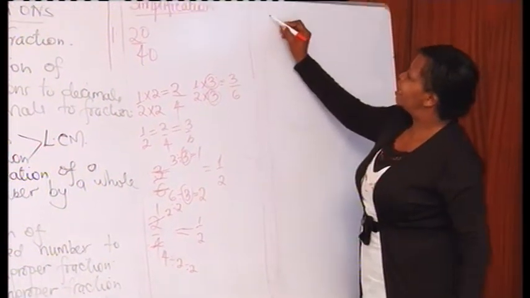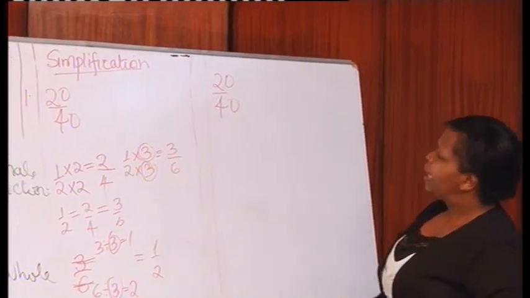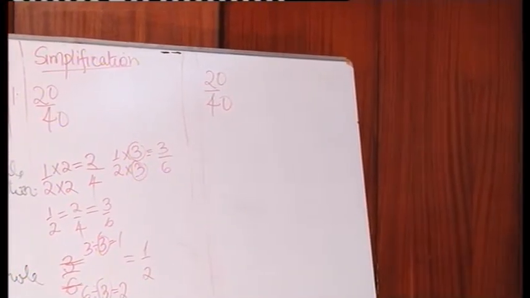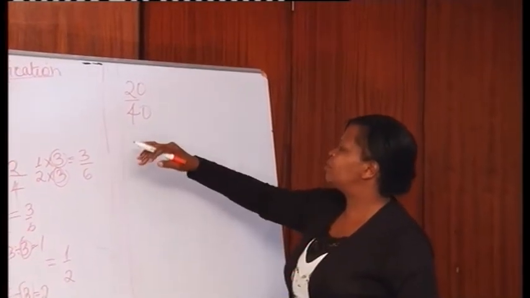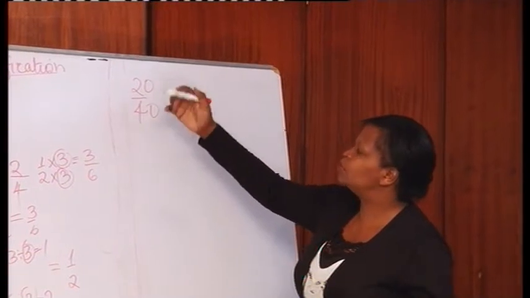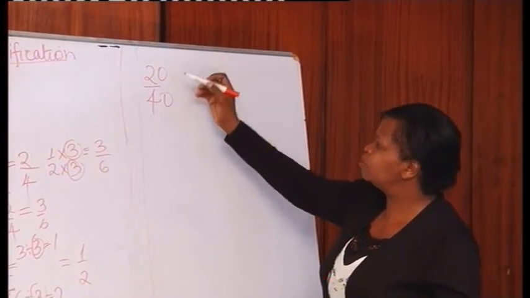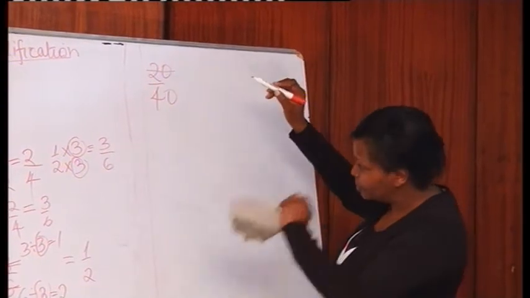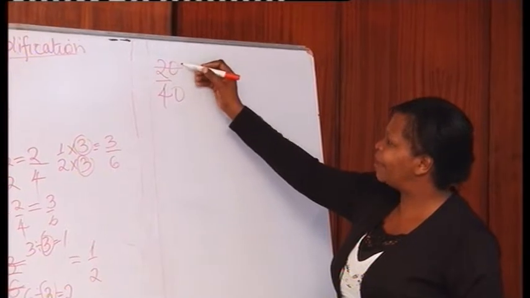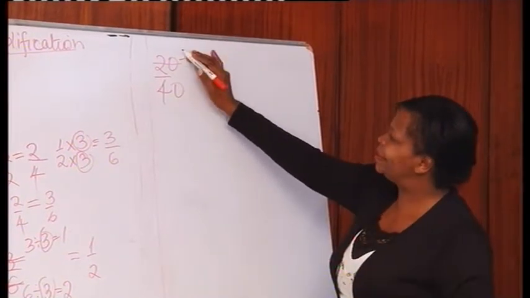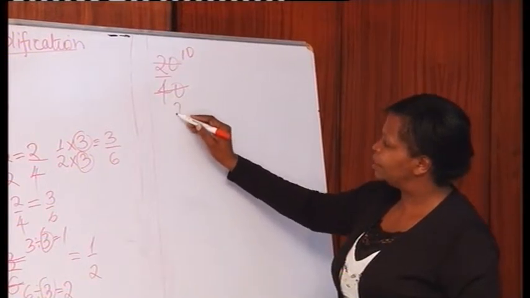For example, if I take now 20 over 40, I'll have to simplify step by step using the common factor. The easiest thing to do is to use the smallest factor, which is 2, because these two are even numbers. 20 divided by 2 is 10, and 40 divided by 2 is 20.